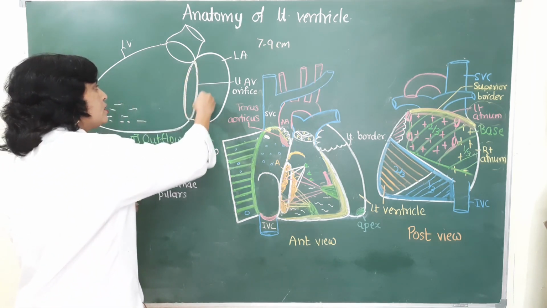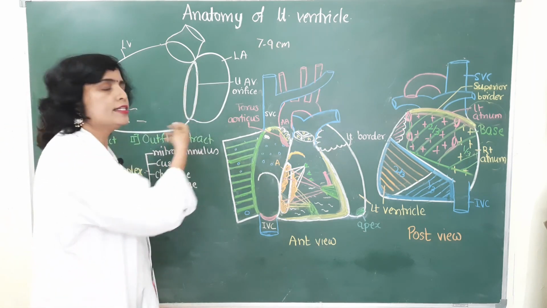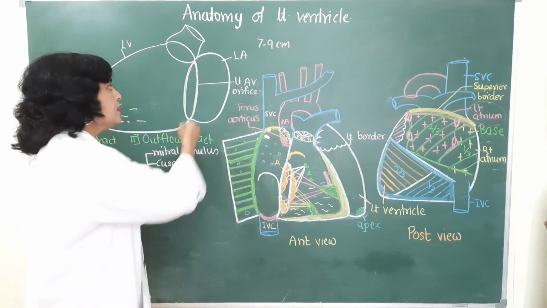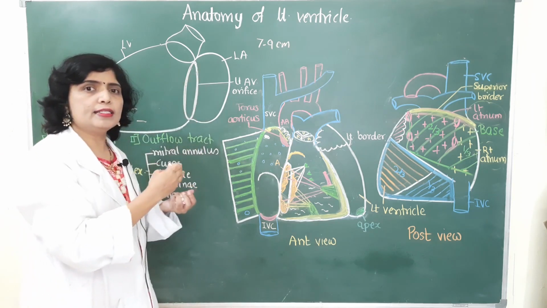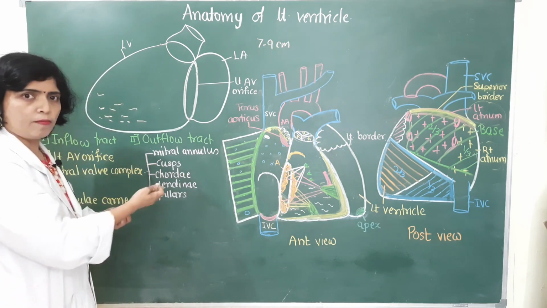This left atrioventricular orifice is guarded by two cusps, so it is also called the bicuspid orifice. The other name of this left atrioventricular orifice is the mitral orifice. So coming to the mitral wall complex.